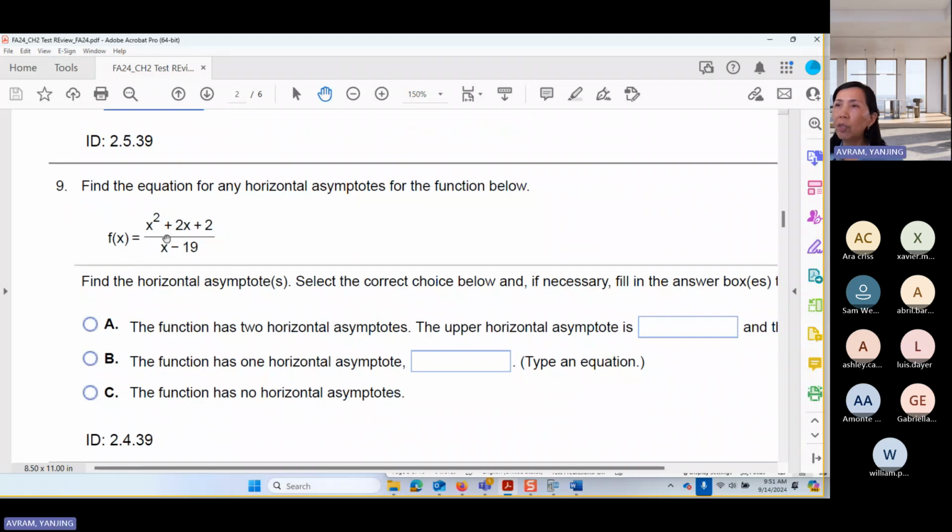If you look at this one right here, the numerator's degree is 1 higher than the denominator's. So this one doesn't have any horizontal asymptote. It will have a slant asymptote, but it doesn't have a horizontal asymptote.